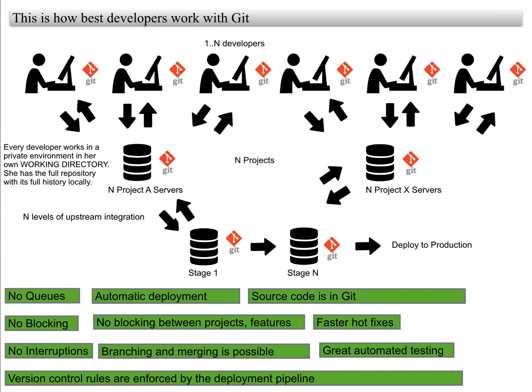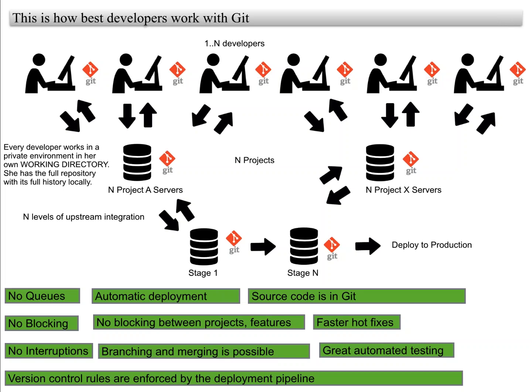The higher you go upstream in the pyramid, the fewer errors you should get. And finally, you reach the final stage where you go from testing, user testing, and pre-prod, and finally you go to production. In this kind of development, when everybody works in their own working directory, there are no queues.